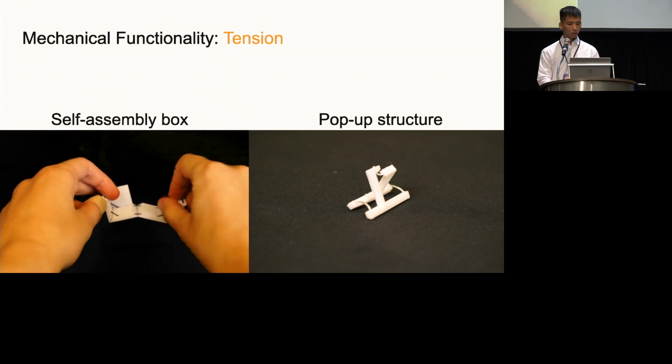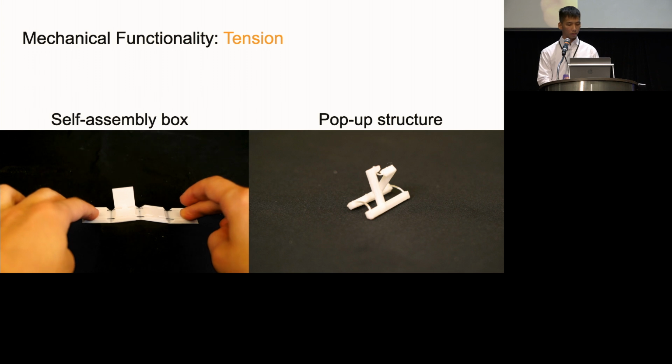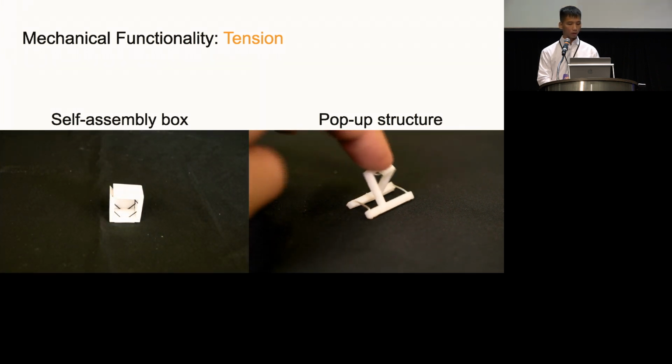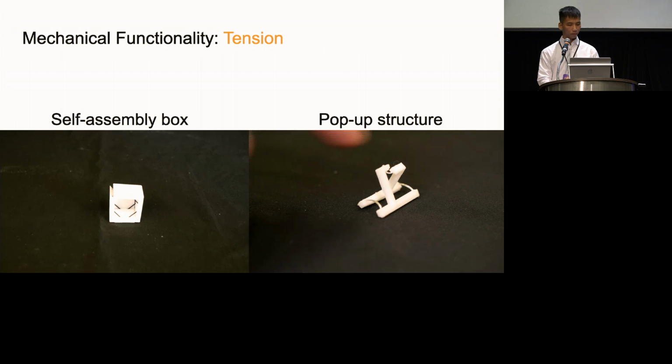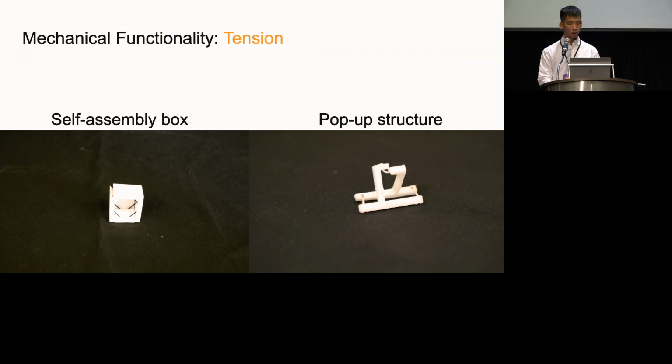In these examples, the tension of the fiber makes the box self-assemble and makes the structure pop up. Remember that these examples are all printed automatically without any human intervention.